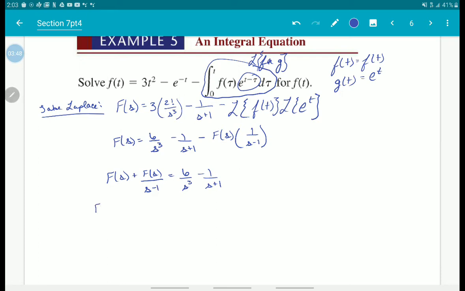So if we factor F of s out, we're going to have 1 plus 1 over s minus 1 on the left. We did not change anything on the right. So I want a common denominator here. It's just going to make it easier to isolate. So we're going to have s minus 1 plus 1 over s minus 1.